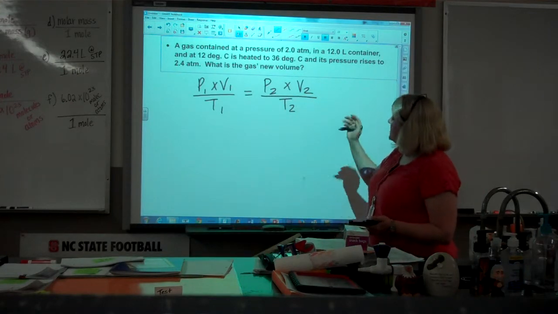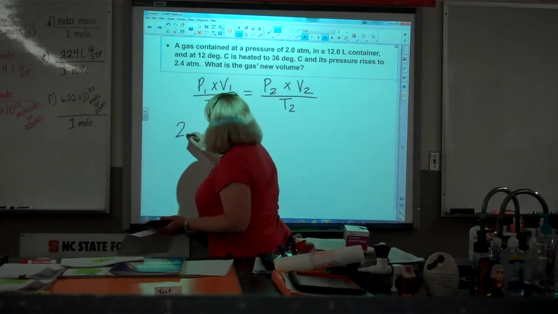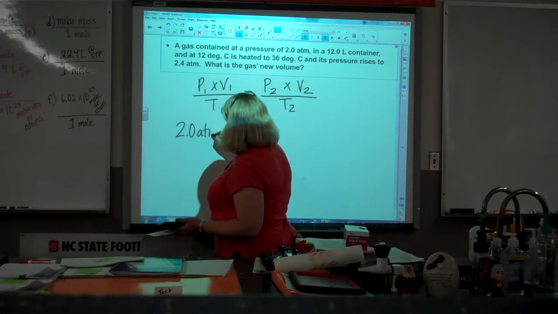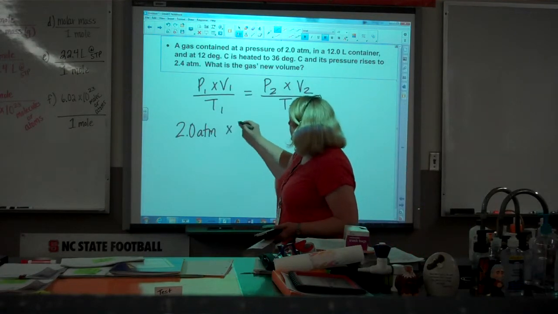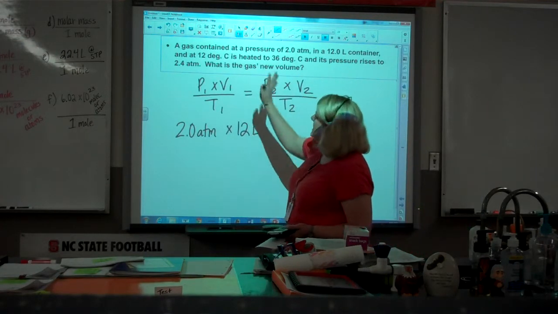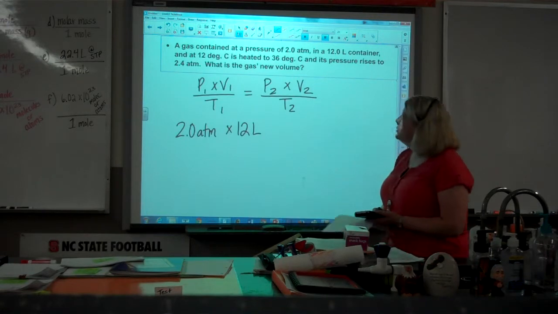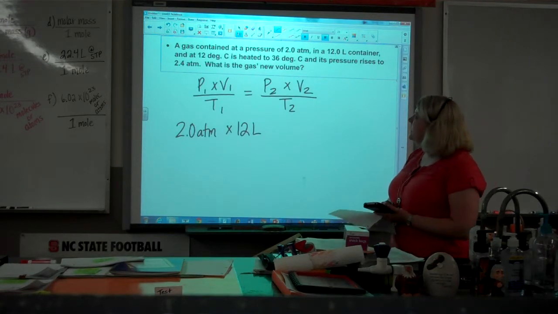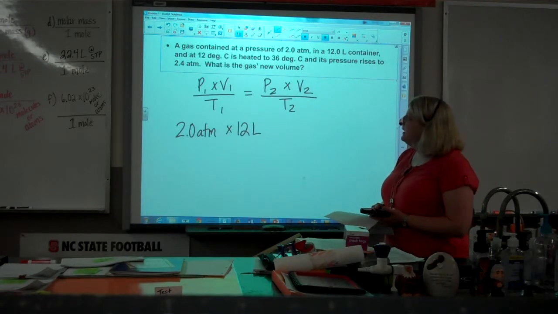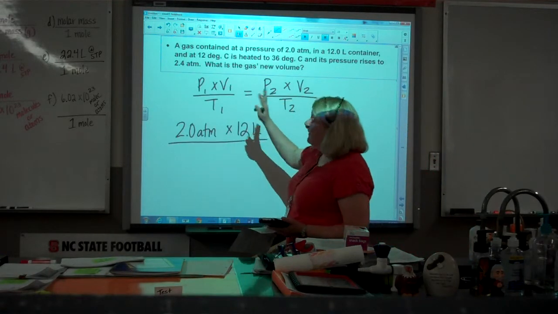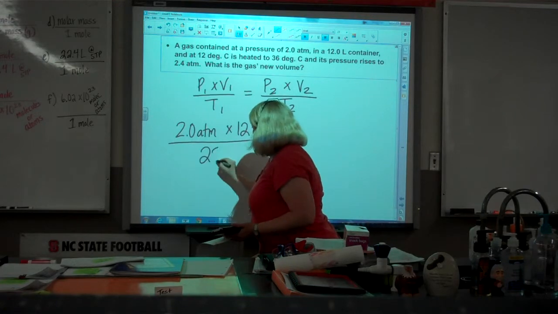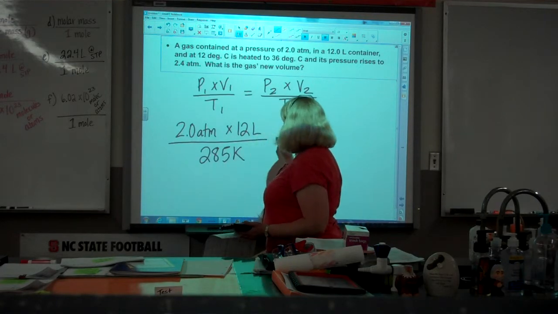So, notice in our first sentence, we have pressure 1, 2 ATMs. Okay? Volume 1 is 12 liters. Okay, and it tells me I have a gas contained at a pressure of 2 ATMs in a 12-liter container, and it's at 12 degrees Celsius. So 273 plus 12 gives me 285 Kelvin.